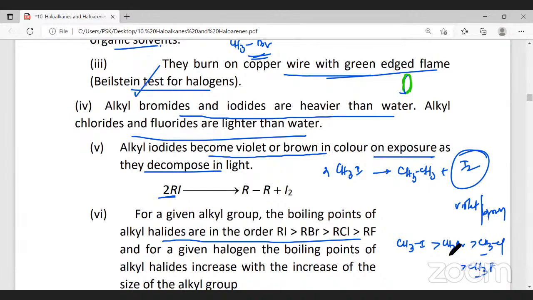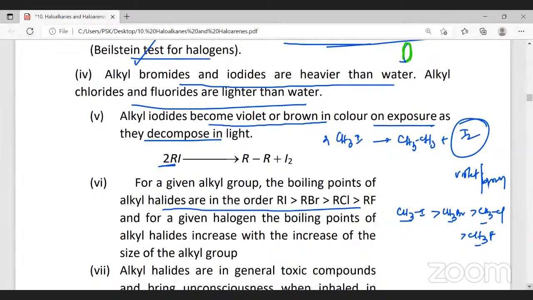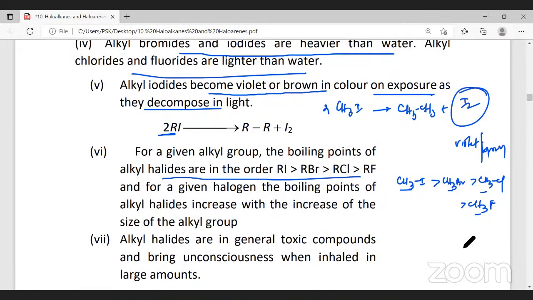All the alkyl groups are the same here. Only the halogen is different. For these kinds of molecules, alkyl iodides will have higher boiling point compared to alkyl bromides, alkyl chlorides, or alkyl fluorides. For a given halogen, the boiling point of alkyl halides increases with increase in size of the alkyl group.